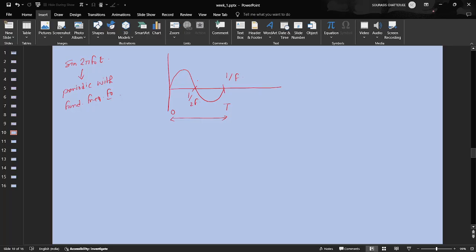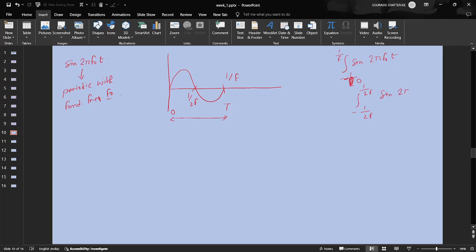So we are computing sine of 2 pi f naught t, and this integral can be from 0 to 1 over f, and this integral can also be over minus 1 over 2f to 1 over 2f.